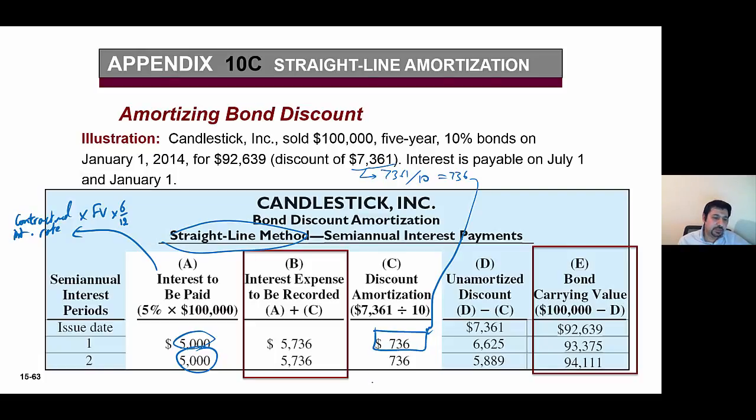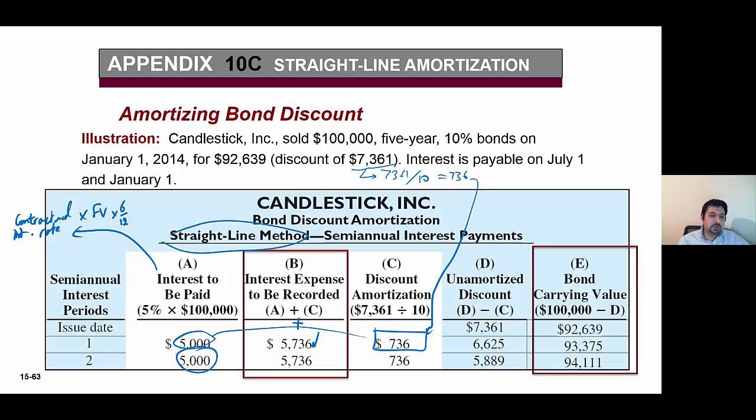If you remember, we said that discount amortization will increase the cost of borrowing money. So we add them, and that would give us the interest expense that the company will record. Although the company is paying $5,000 as interest, the actual interest expense would also have to take into consideration the discount part for that payment.